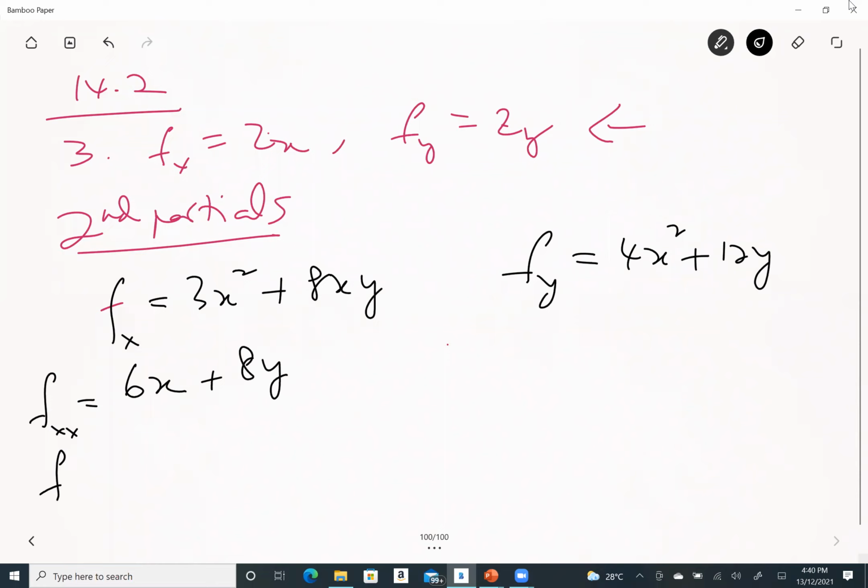And then fxy, derivative of fx with respect to y. The x squared is a constant, 8x is constant, so I got 8x. Fy, we do fyy. Y is the variable now, so that is 12 of 4x squared. And then fyx, the derivative of fy with respect to x.